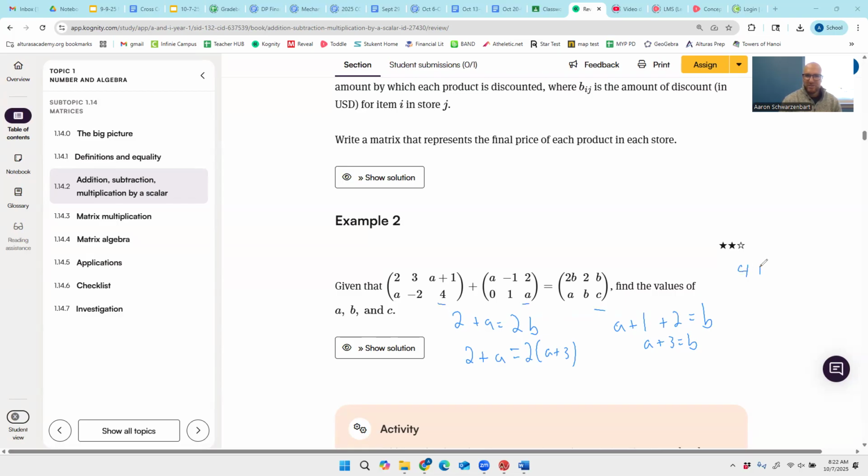Well, I'm going to get this: 2 plus A equals 2A plus 6 minus A. A equals negative 4. B equals negative 1. And C equals 0.